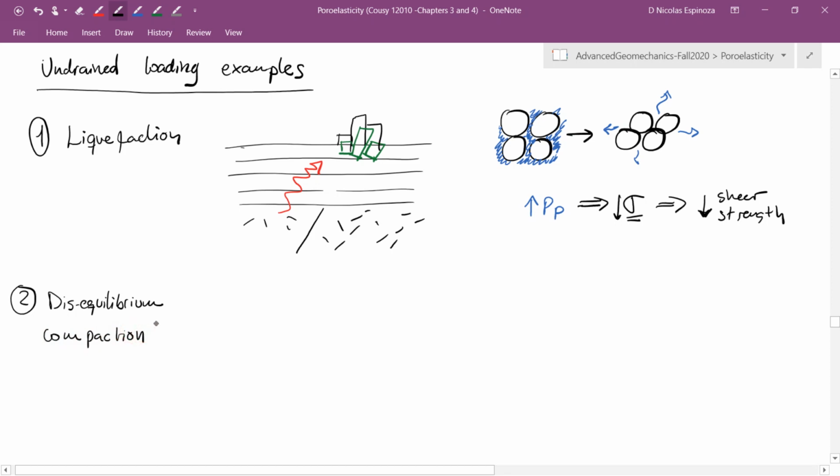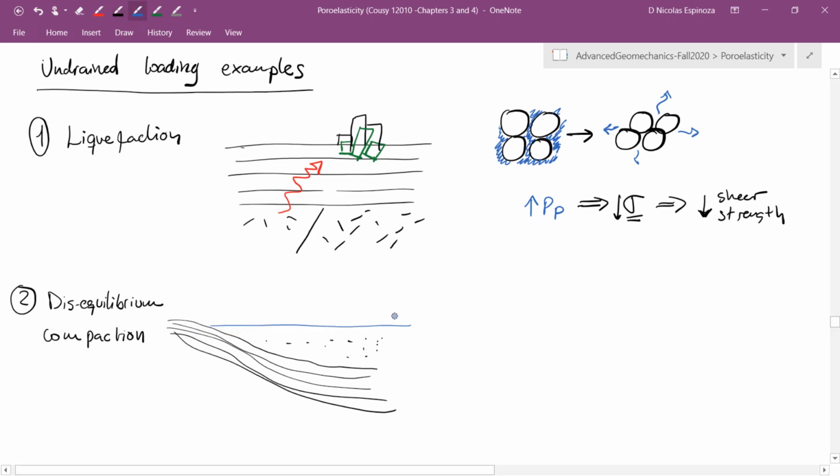Disequilibrium compaction is a phenomenon by which your rate of sedimentation is higher than the rate of pore pressure diffusion. Let me make this schematic and just complete it so it will make more sense to you.